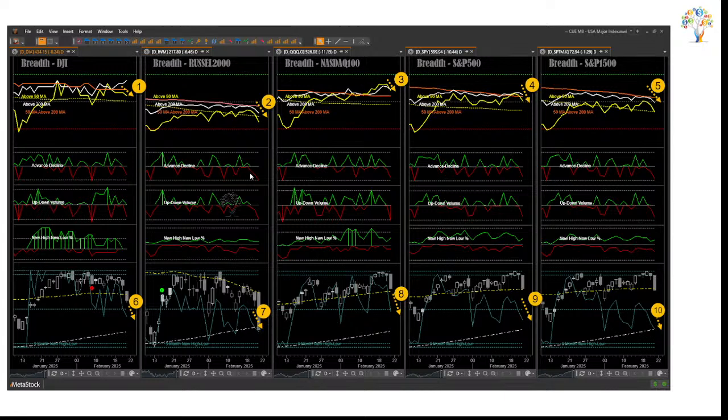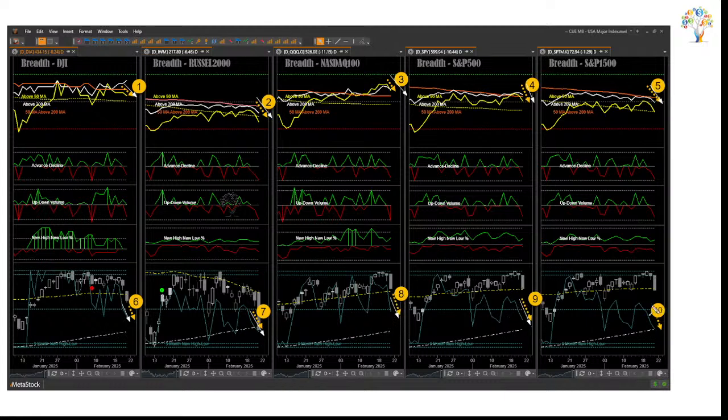If we look at the major indexes, internal breadth again, the only thing noteworthy is that all of them weakened this week, both in terms of percentage of stocks above 50-day moving average and also in terms of 3-month new high low.